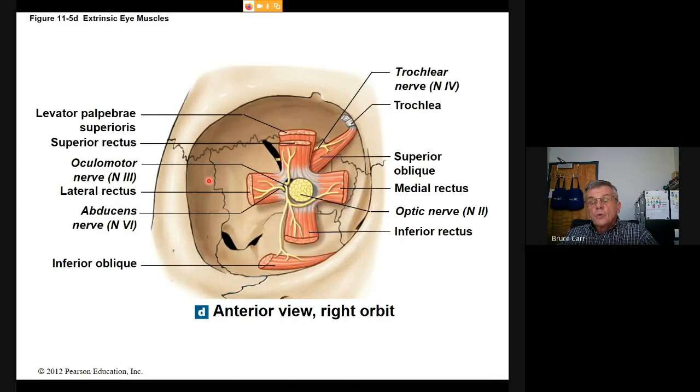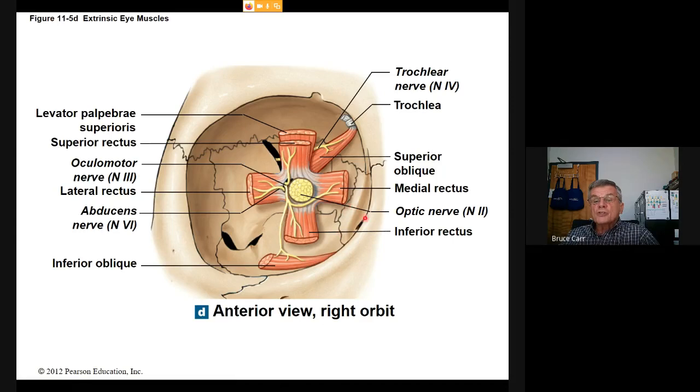Now, when you take the eyeball itself out, you can see the attachment back here by the fissure. See the sutures that are forming the tight connections between these bones. And here we have it, the frontal bone right here, the zygomatic bone out here, the maxilla down below.